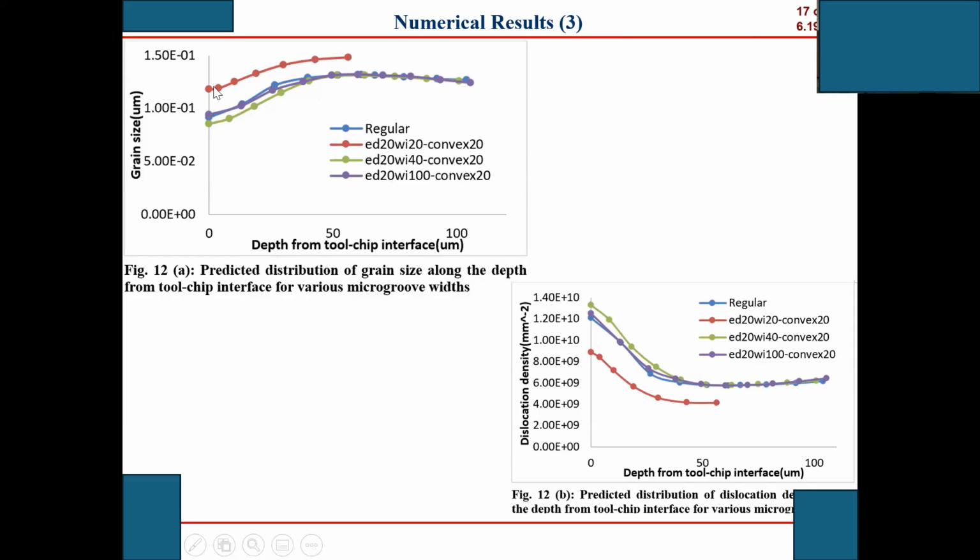I'm sorry, this one is the first microgroove tool. And this one is a predicted distribution of dislocation density along the depths from the tool chip interface for various microgroove widths. Okay, this is the chip. So here is in the chip.